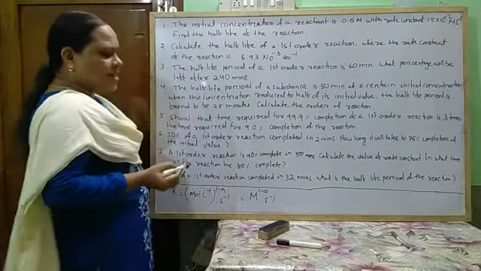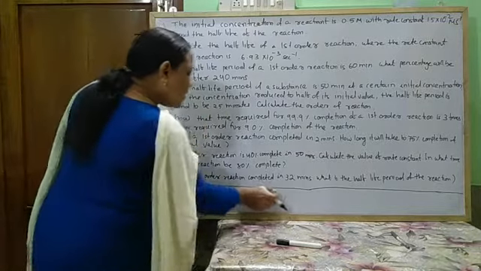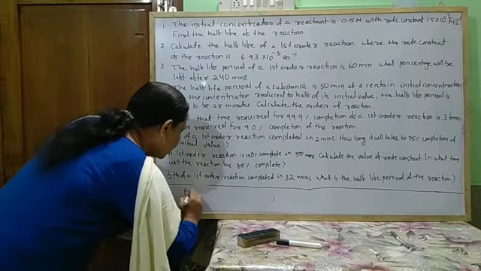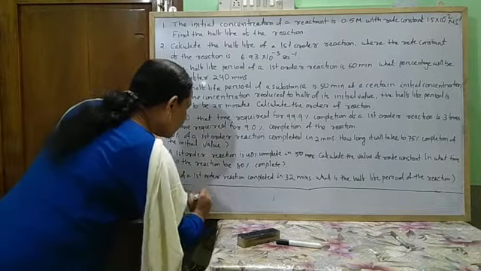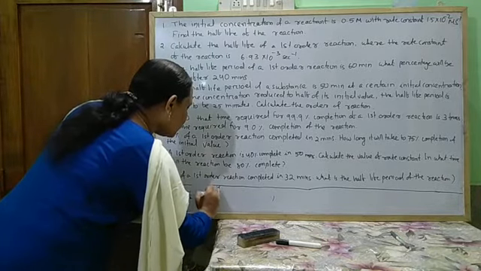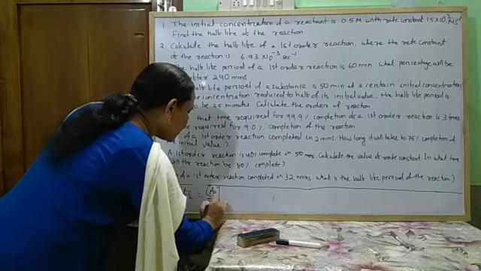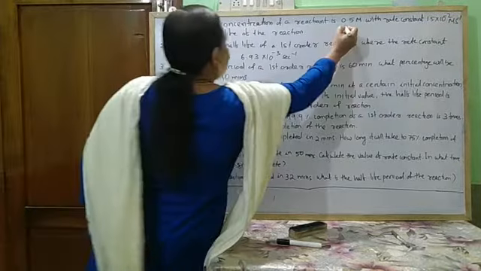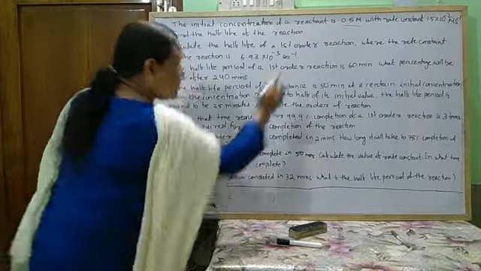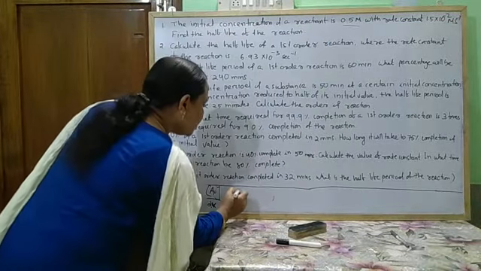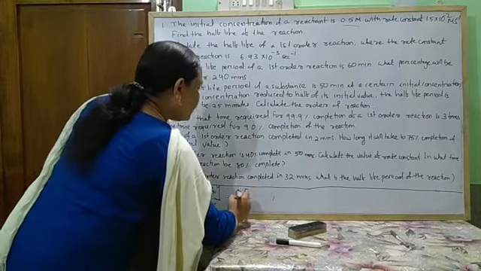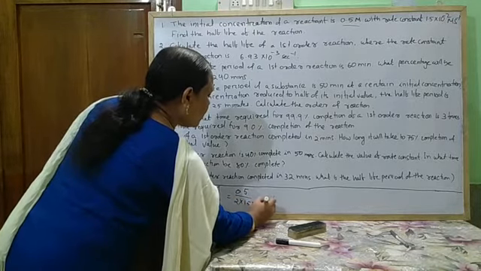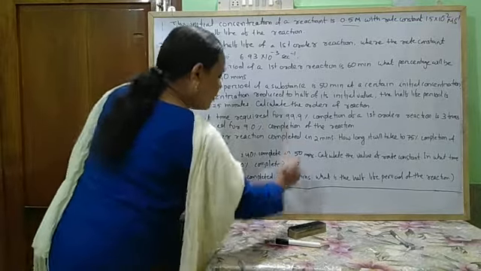As this is a zero order reaction, what is the relation between half-life and initial concentration? The relation is that t half of a zero order reaction equals A0 by 2K. Simply, the initial concentration given is 0.5 mole liter inverse, divided by 2 into 1.5 × 10^-2, and the unit is second inverse.